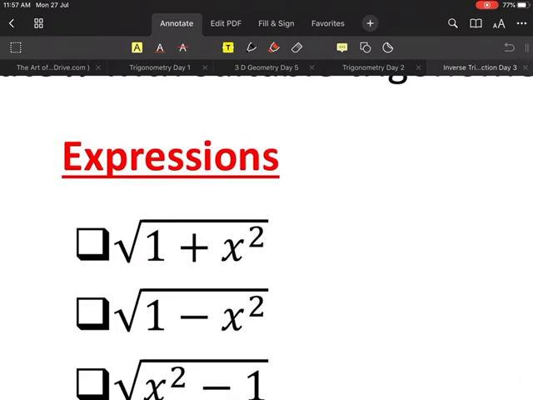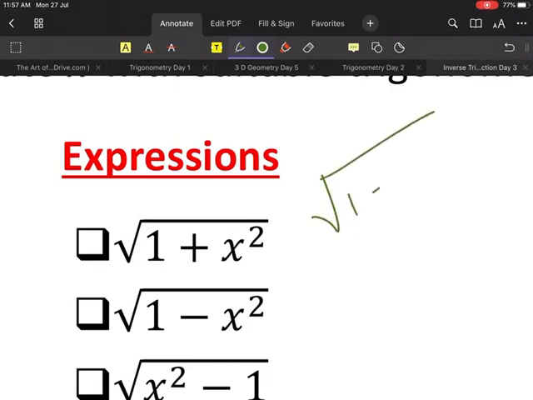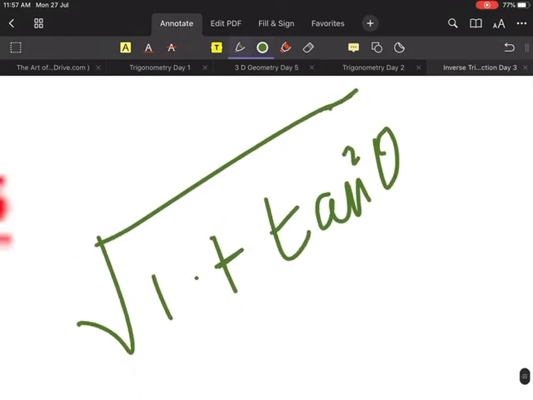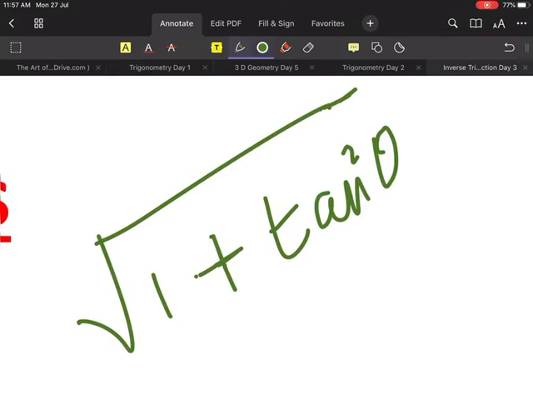You see what happens if I substitute x as tan theta. It becomes 1 plus tan square theta. 1 plus x square, if I substitute x as tan theta, will it not become this?